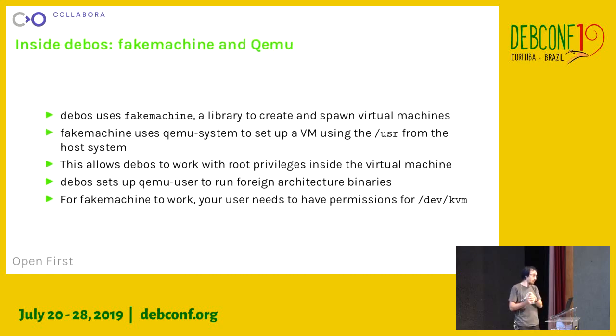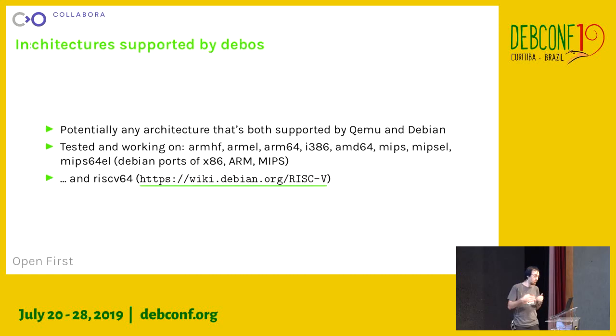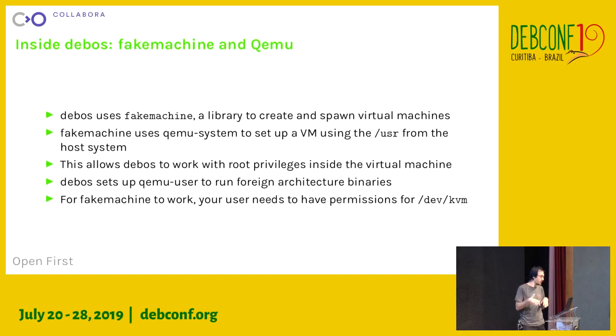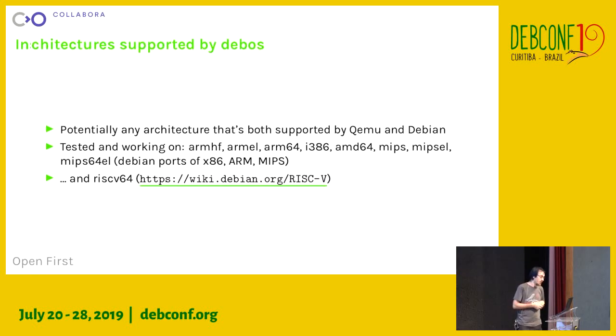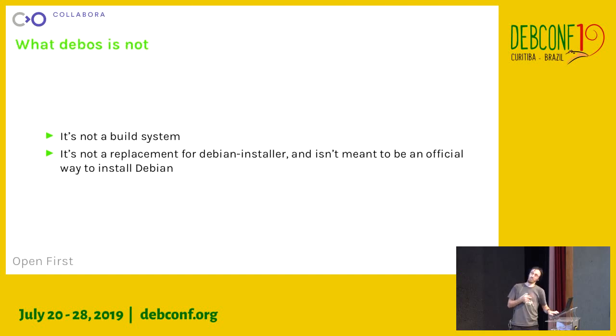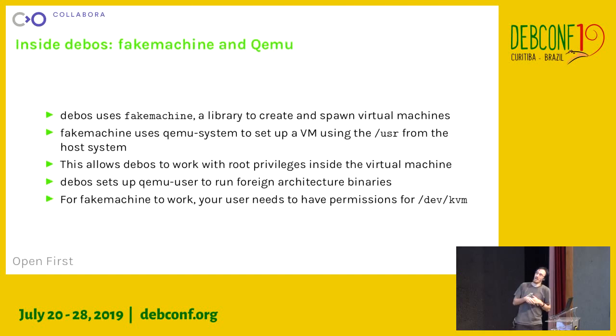So we can do funny things like creating loop devices and all that without having root outside. It also uses QEMU in user mode to do debootstrap and all of those things inside of the virtual machine to run foreign architectures binaries.